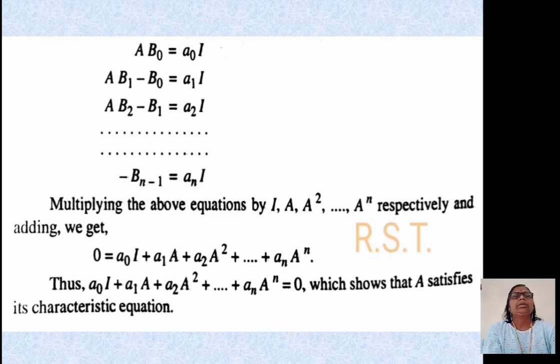Thus we get a0 I + a1 A + a2 A square + ... + an A raised to n equal to 0.